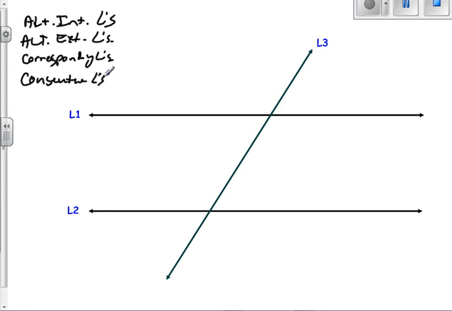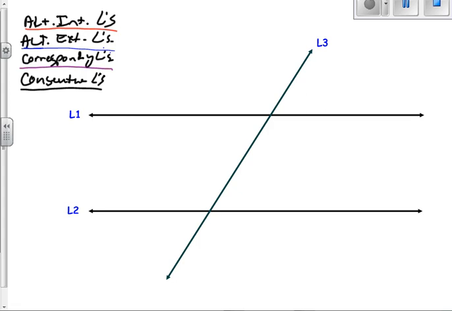All right, so I'm going to use red, blue, purple. My blue did not come out. And then we'll use black again for the consecutive. Anyway, so let's look at alternate interior angles.